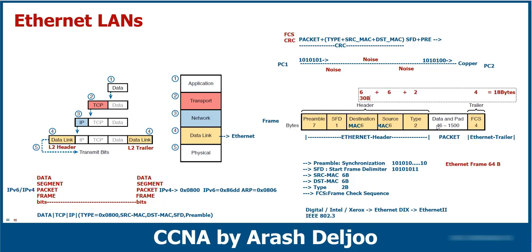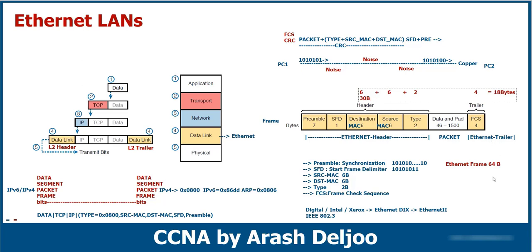If your data, meaning the packet we are receiving from, for example, layer 3 of TCP/IP, is less than 46 bytes, you need to extend that packet with pads.